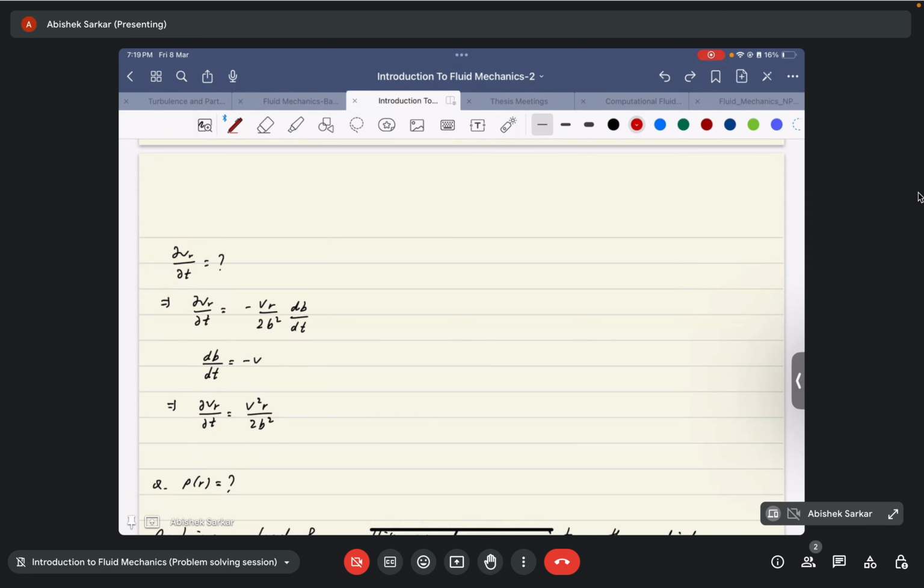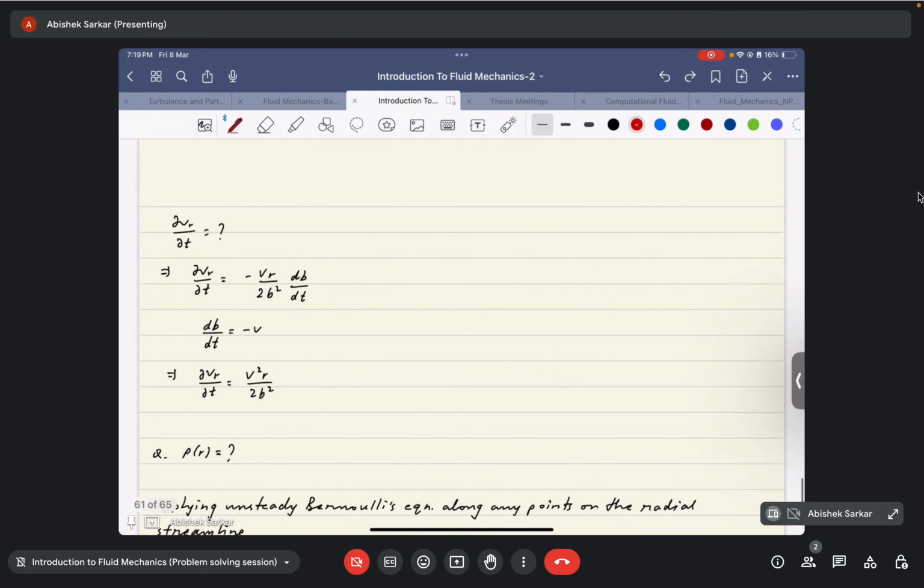Because the radius of the control volume that we have chosen remains constant. So in the expression vr is equal to v into r by 2b, the only term that is time dependent is b.